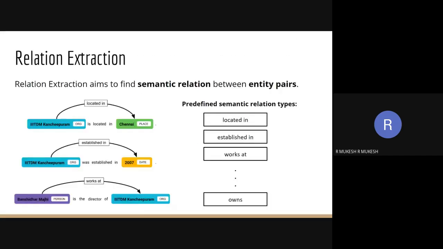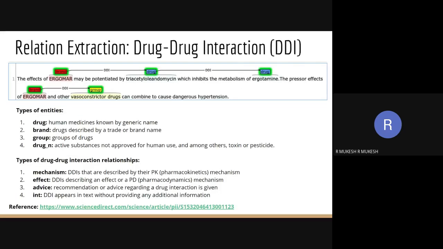Okay. So this is general English language, right? And as I showed, you can use relation extraction and entity recognition in a totally different area, giving structure to biomedical documents, right? Let's say that this is the sentence you get. You give it to a trained entity recognition and relation extraction model. It identifies that this is a brand, this is a drug, this is a drug, this is a brand, and this is a group of drugs.